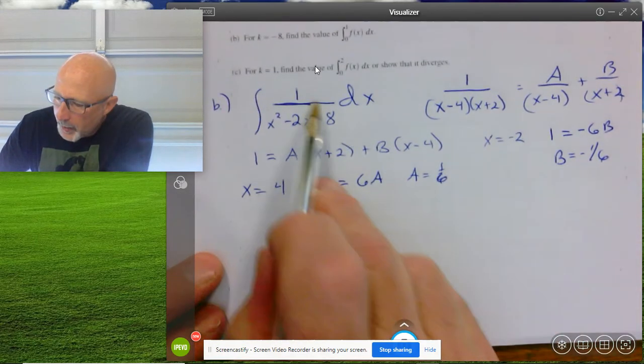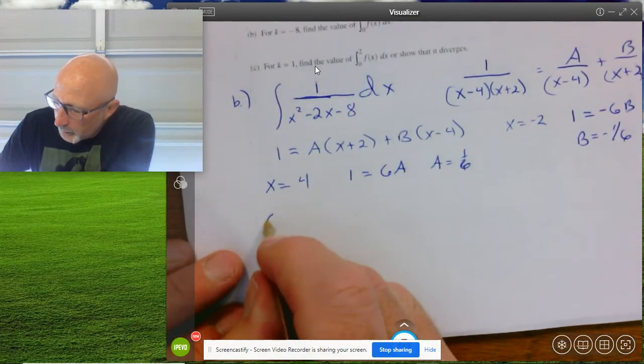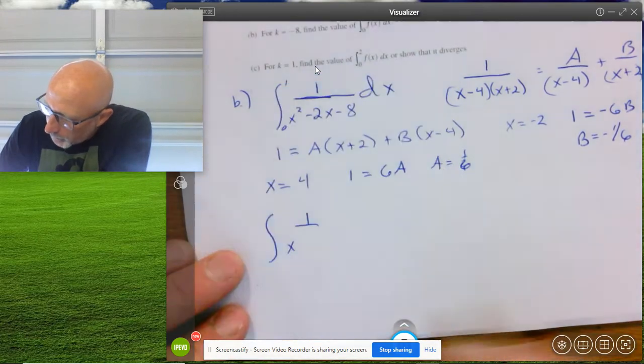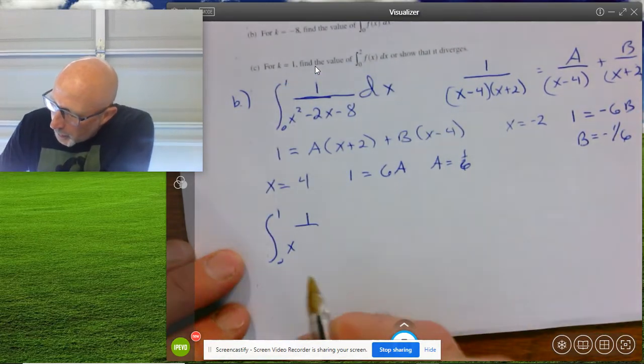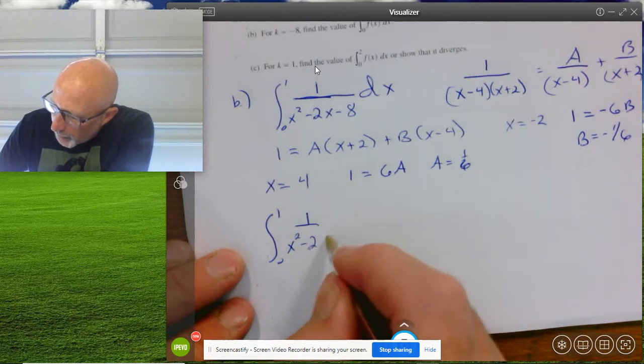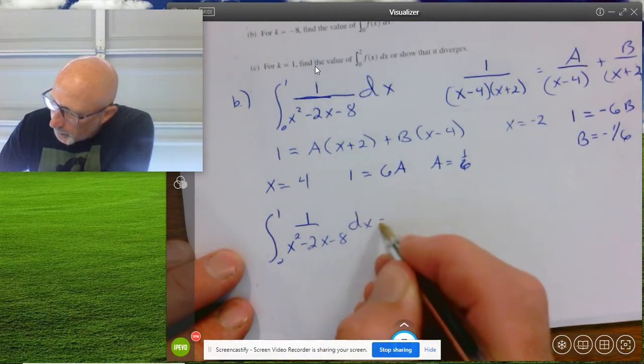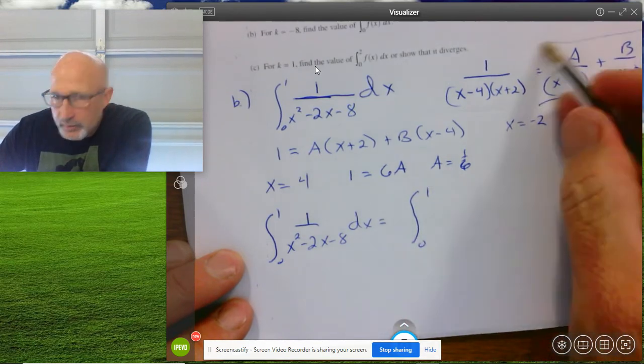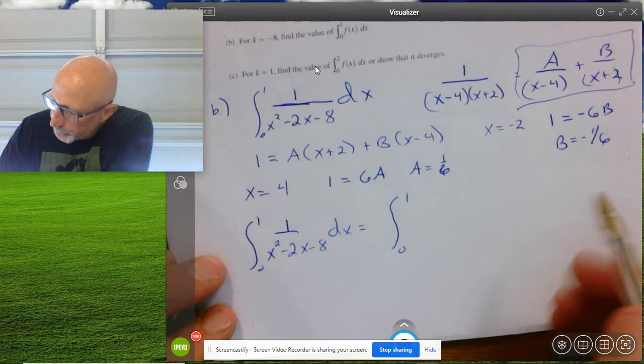Okay, so now I can go back up to this and integrate this. So the integral from 0 to 1, I believe, 0 to 1, of 1 over x squared minus 2x minus 8 dx is equal to the integral from 0 to 1 of this, and I'm just going to place in what the a and the b value are.